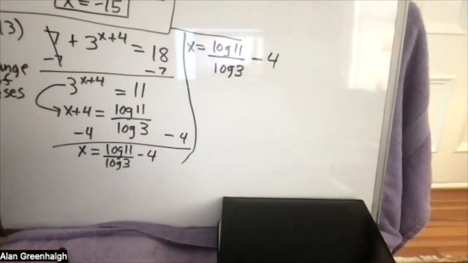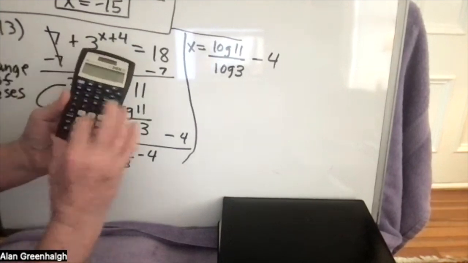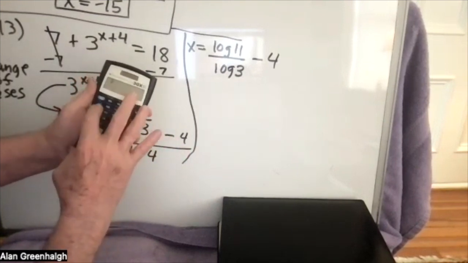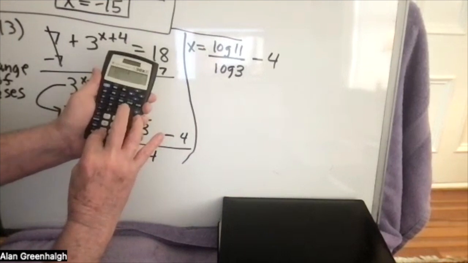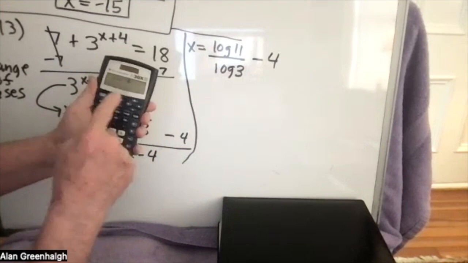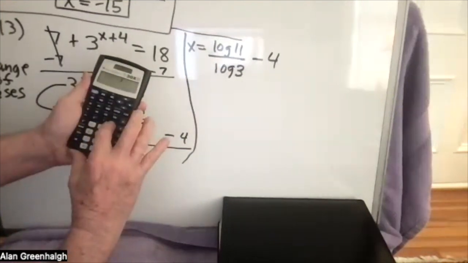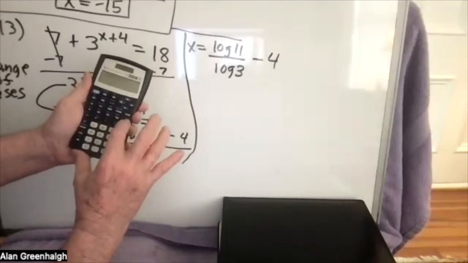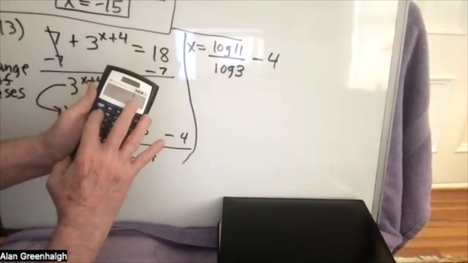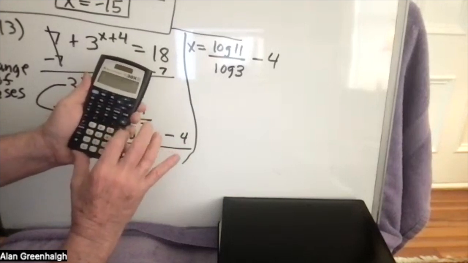All right, so the way to do this problem is to take your calculator, clear it, put in log of 11. It'll look like this: log, parentheses 11, close the parentheses, a division sign, divided by the log of 3, close the parentheses.